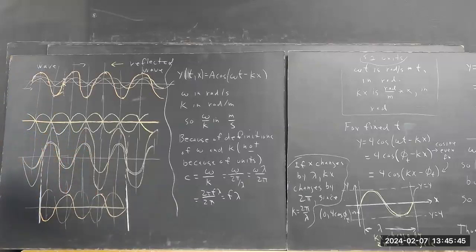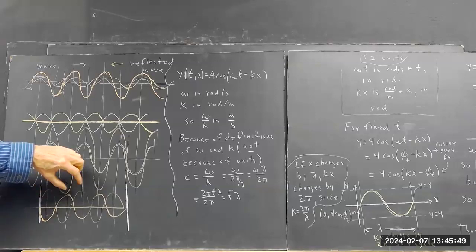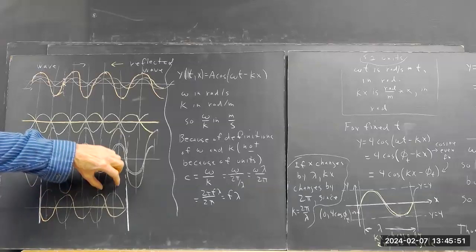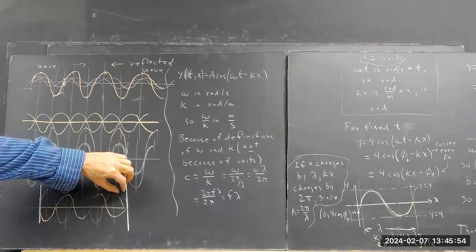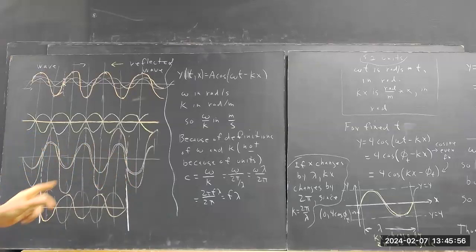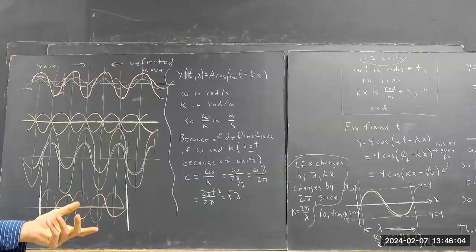Okay. And it looks like I have 1, 2, 3, 4, then a half and a half, 5 half wavelengths. Okay, is that right? 5 half wavelengths is 2.5 wavelengths, right?